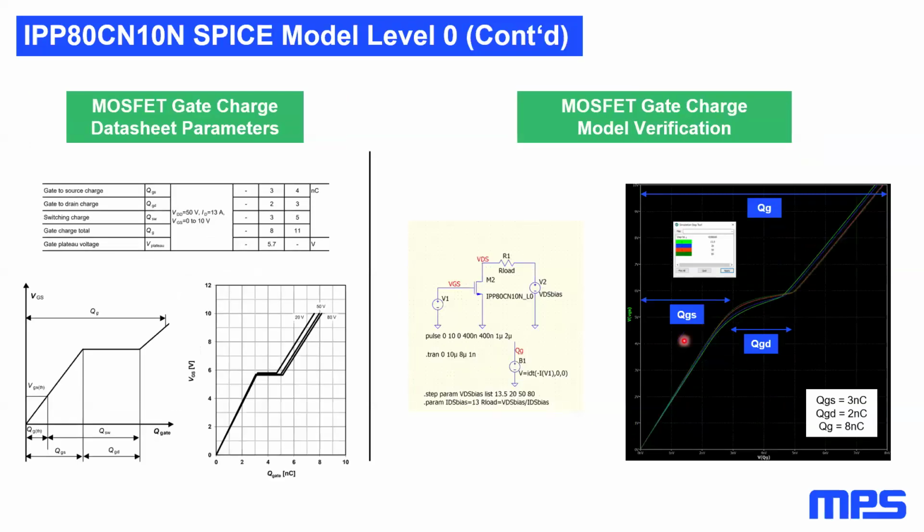We could also appreciate how the modeling of the dynamic behavior at level 0 is quite good compared with the datasheet specs. Indeed, we have extracted the gate source charge in a QSPICE test bench by ramping up the gate source voltage while integrating the gate current up to 10 volts, as specified in the datasheet.